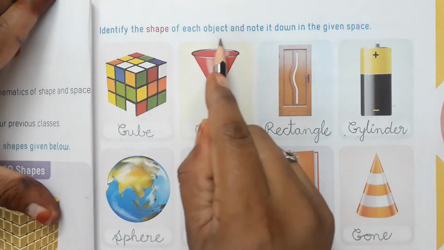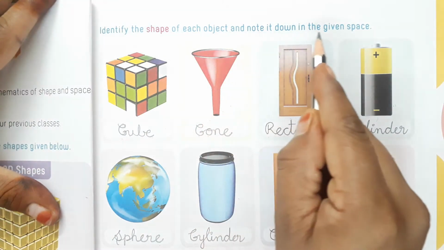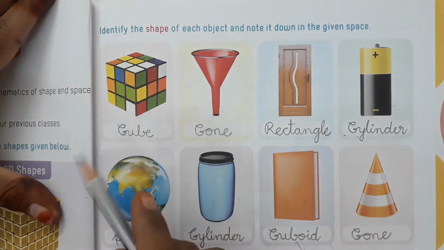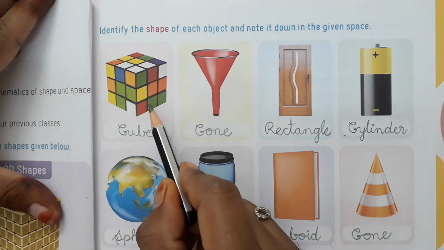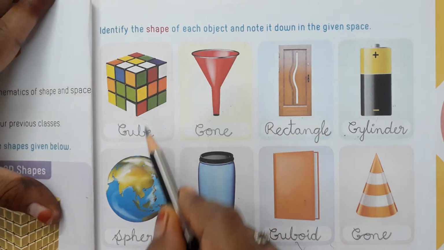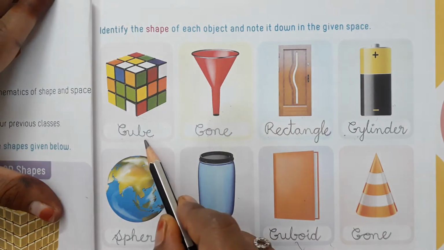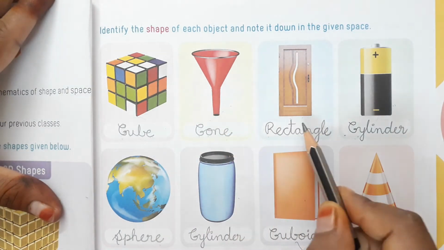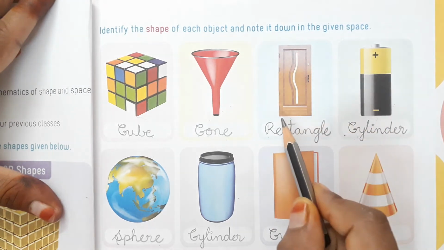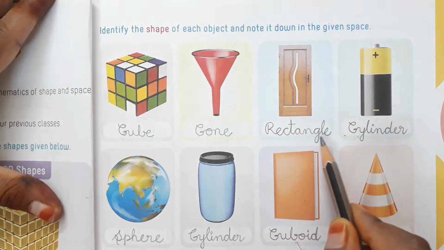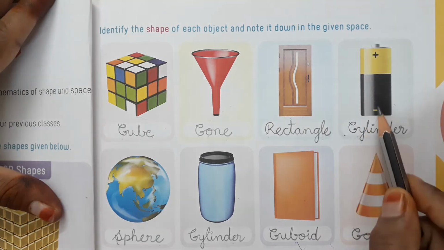Identify the shape of each object and note it down in the given space. What is the shape of this Rubik's square box? Cube. C-U-B-E, cube. This door looks like a rectangle. R-E-C-T-A-N-G-L-E, rectangle. Battery.